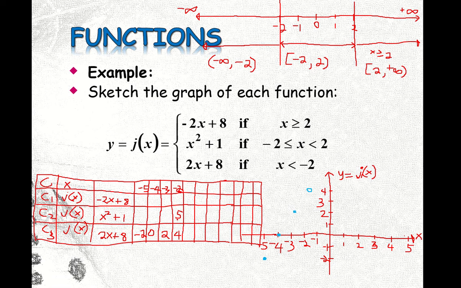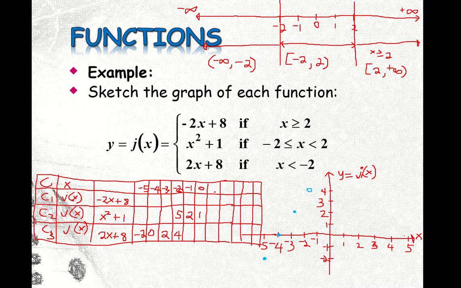Next, say minus 1. This still belongs to condition 2. Minus 1 squared is 1 plus 1, that is 2. Then we have 0. 0 squared is 0, plus 1, so this is 1.